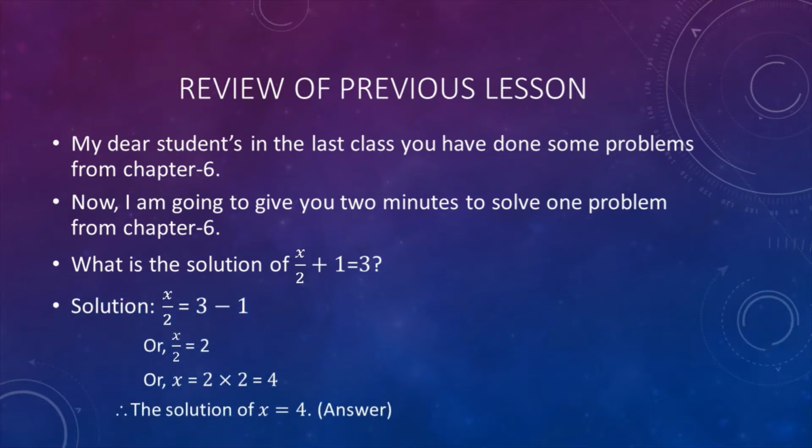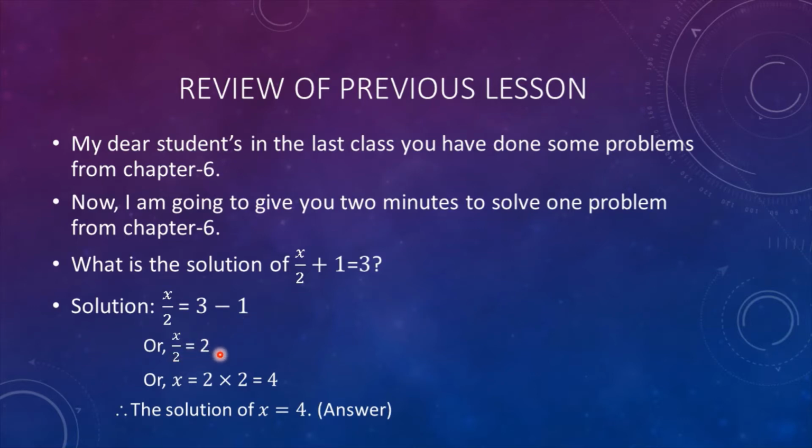Okay, let us see the solution. x by 2 equals, as you can see my dear, 1 is plus on the left side, and when we transpose 1 to the other side it will be negative. That's why 3 minus 1, or x divided by 2 equals 2.